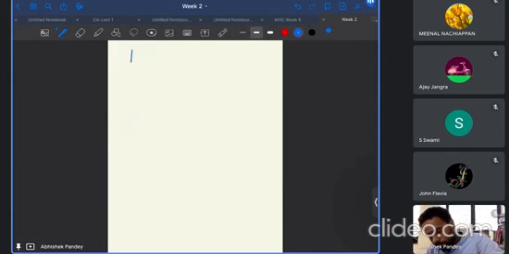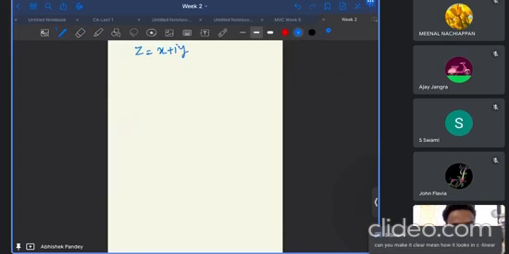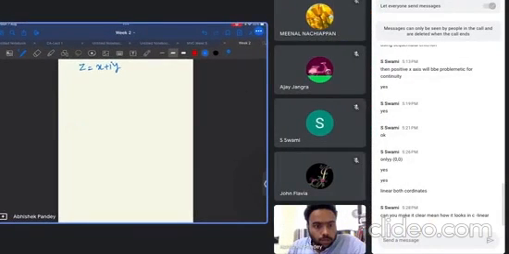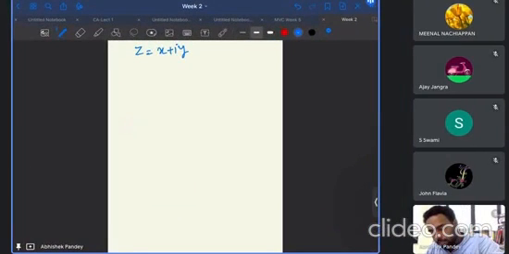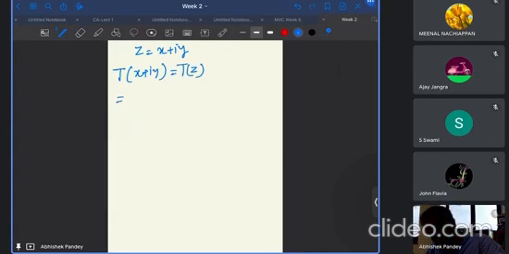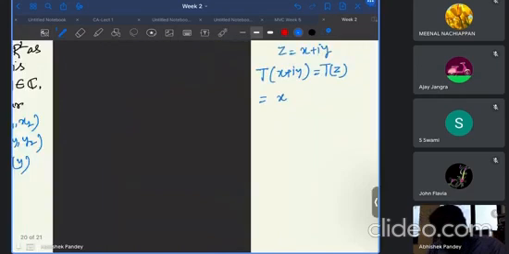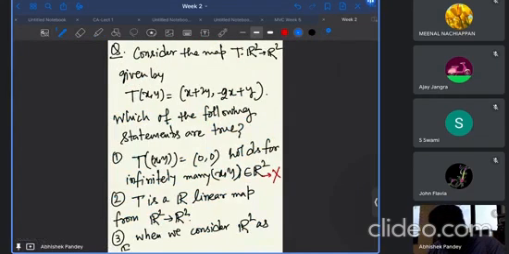So C linearity we have to consider this way. Let z be equal to x plus iy. I will show how it is C linear. So T of x plus iy, which means T of z, is by definition x plus 2y comma minus 2x plus y.